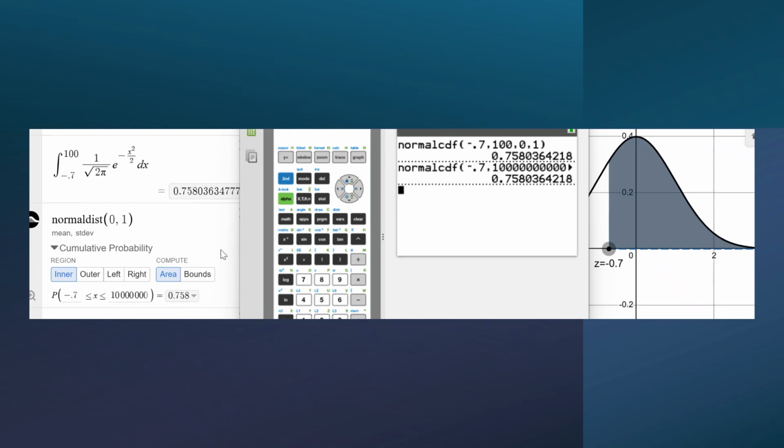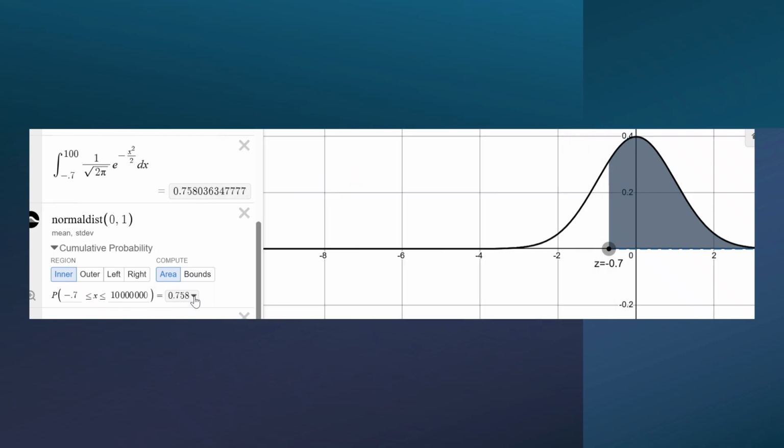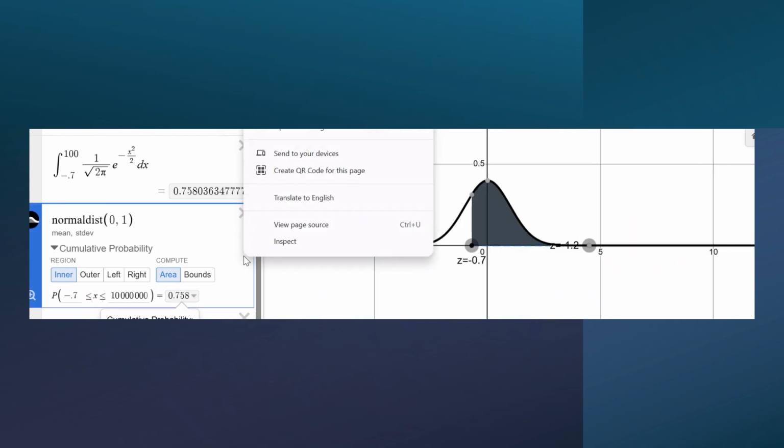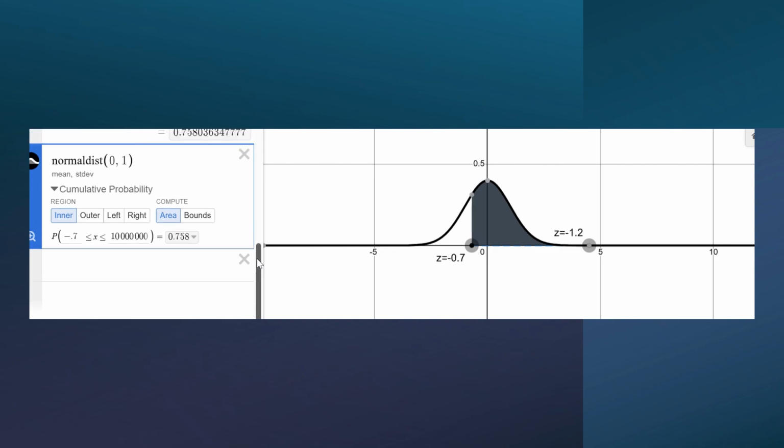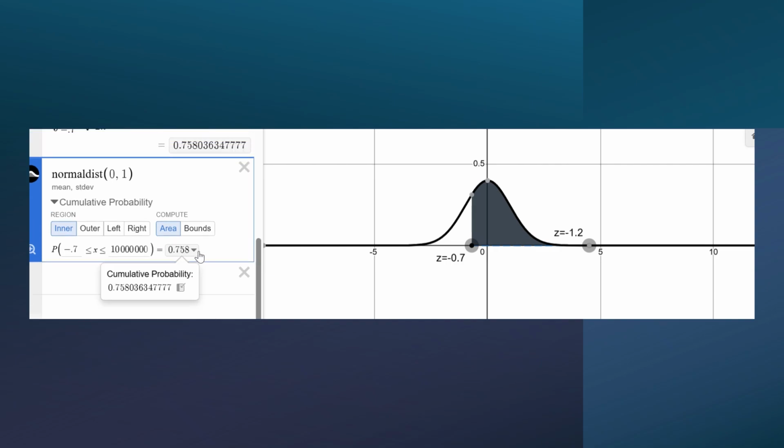And just a note on accuracy here. I went back and put a bigger number in there as my upper bound, because remember it's trying to go to positive infinity, and I didn't change anything in here. Here is the calculation with an integral. Here is the calculation with the normal distribution. Move this around so you can see it. There we go. Here's the calculation with the normal distribution. Accuracy right there.